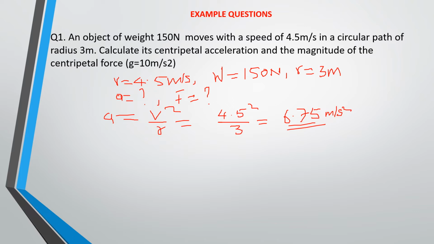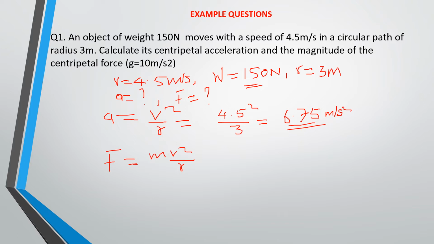Now, for you to find the magnitude of the centripetal force, F is given as mass times centripetal acceleration, which is mv squared over r. Here you are given v to be 4.5, r to be 3 meters, and the weight is given to you. So first of all you need to find the mass of this object.